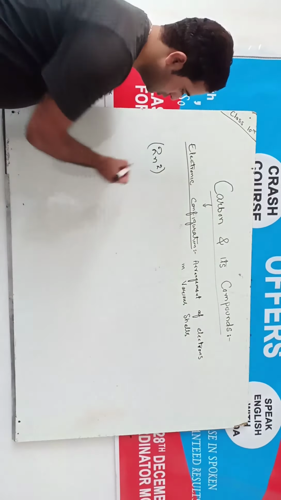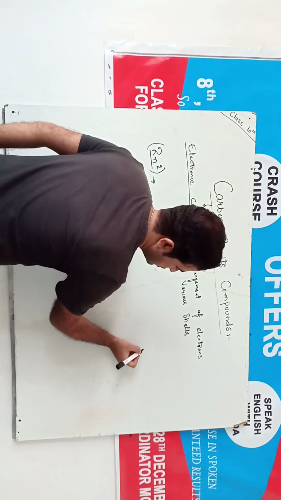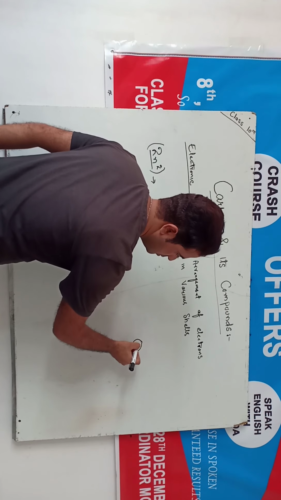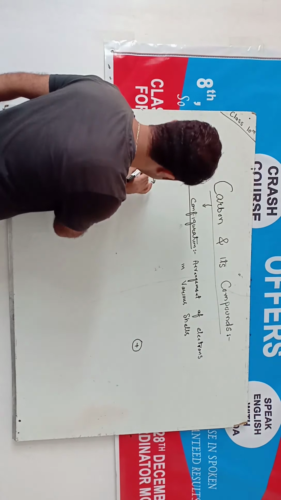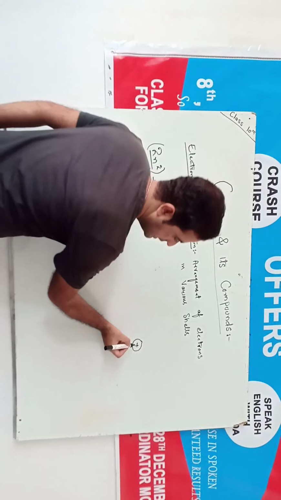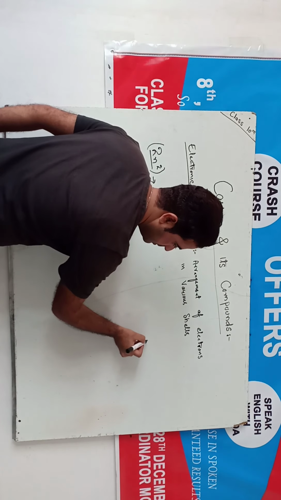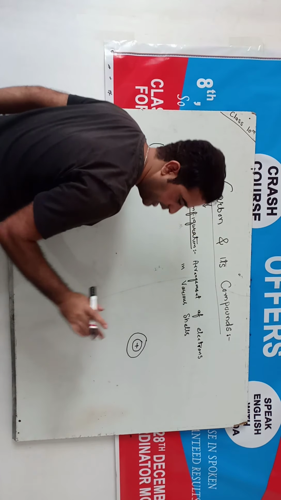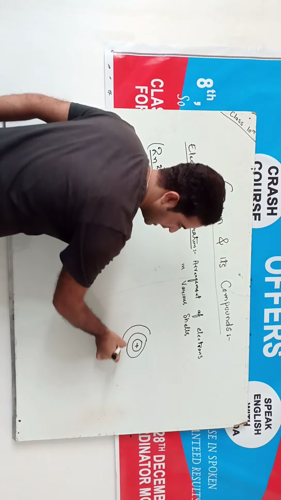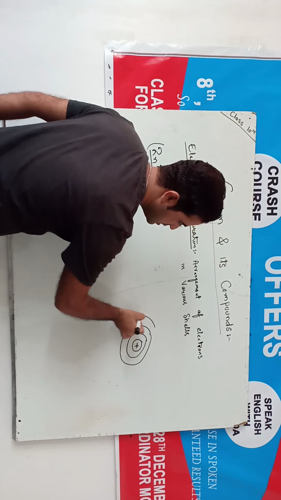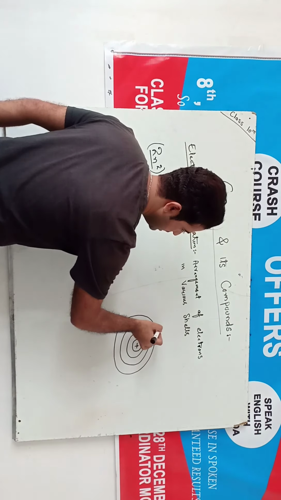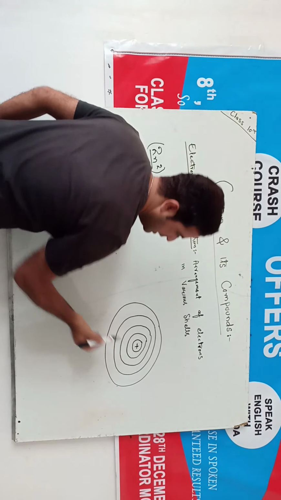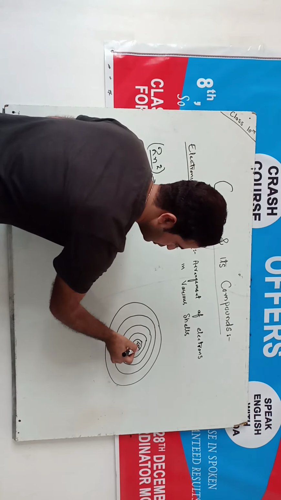Before discussing this, I will draw here the structure of an atom. To simplify this 2n square, this is the nucleus of an atom. This is first shell or path around this nucleus. This is second shell. This is third shell. This is fourth shell.